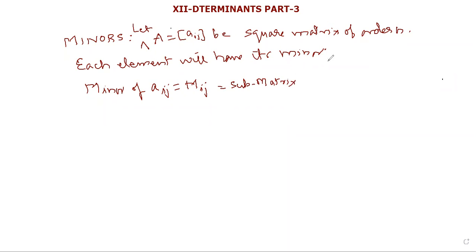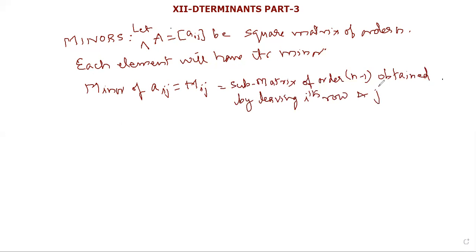So it is a submatrix of order n minus 1, obtained by leaving the ith row and jth column. That we were doing in expanding the determinant.